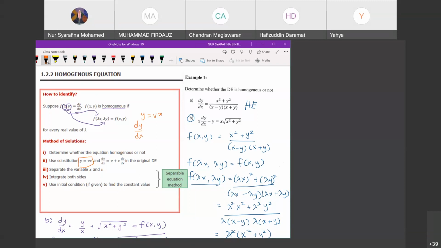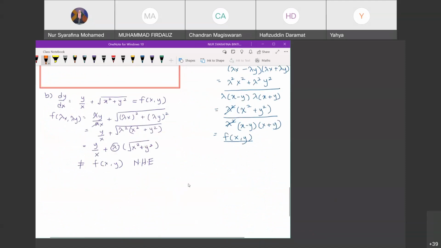We have dy dx equals to v plus x dv dx. This dy dx is obtained from y equals to vx. Okay, try example. We want to find the solution of the homogeneous equation.